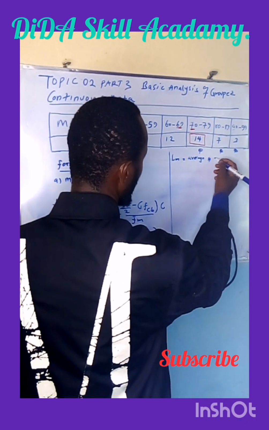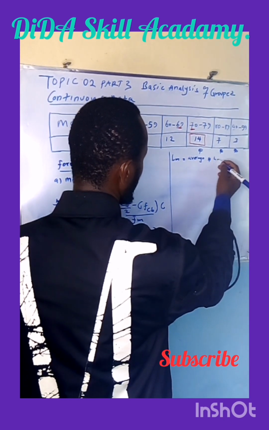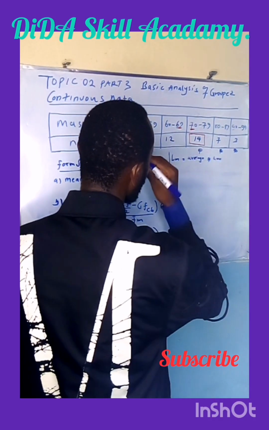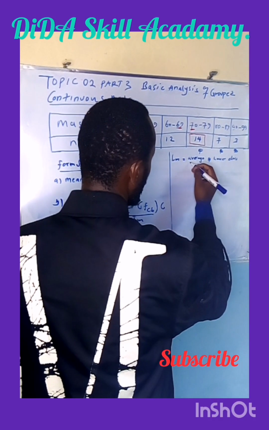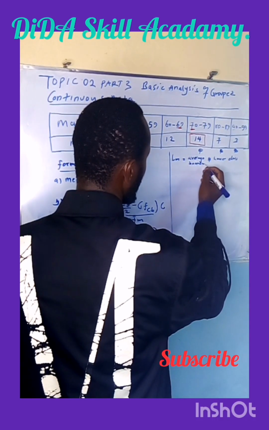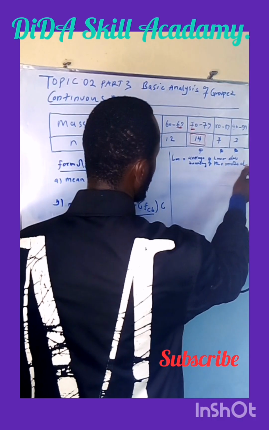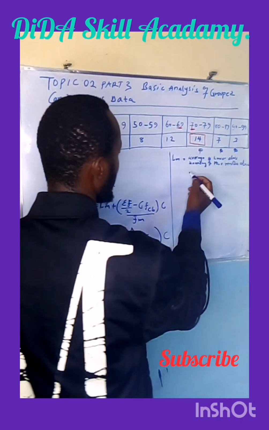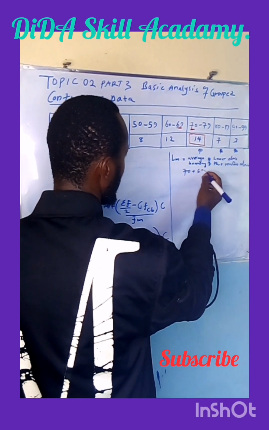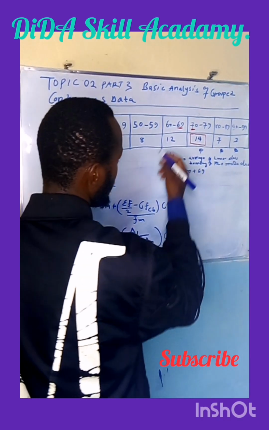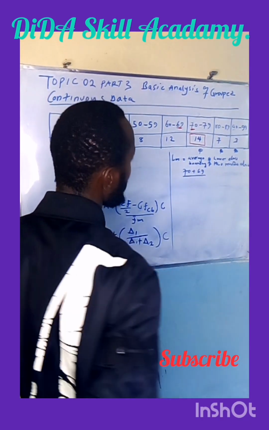This simply means that to get the average, you take 70 plus 69, as we did in the previous video where we calculated the averages.